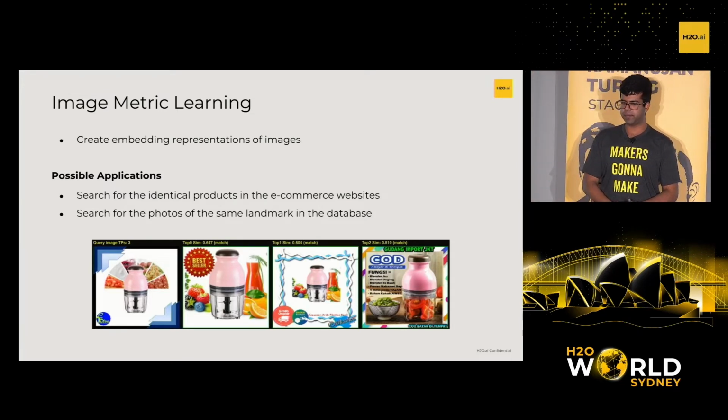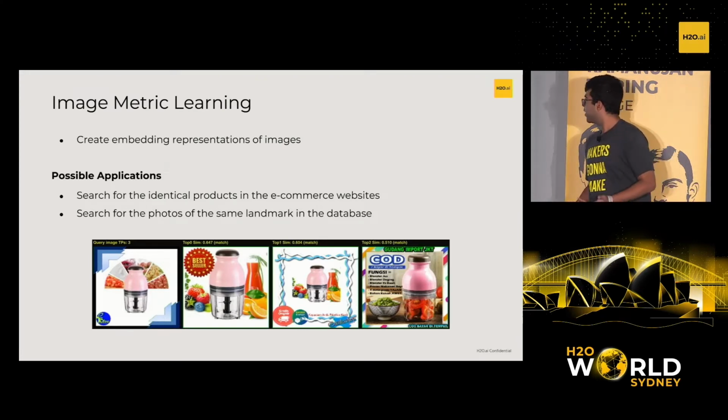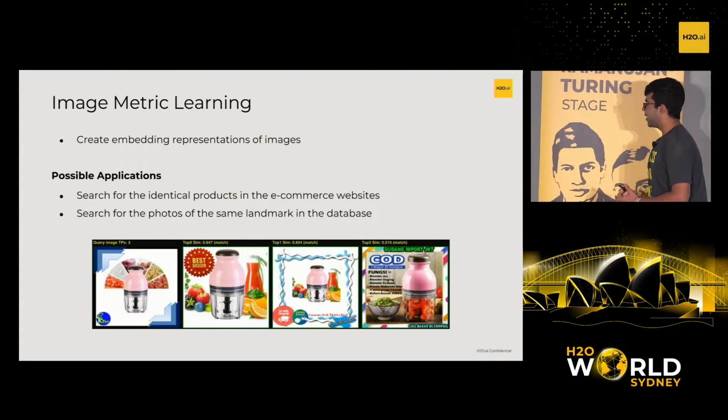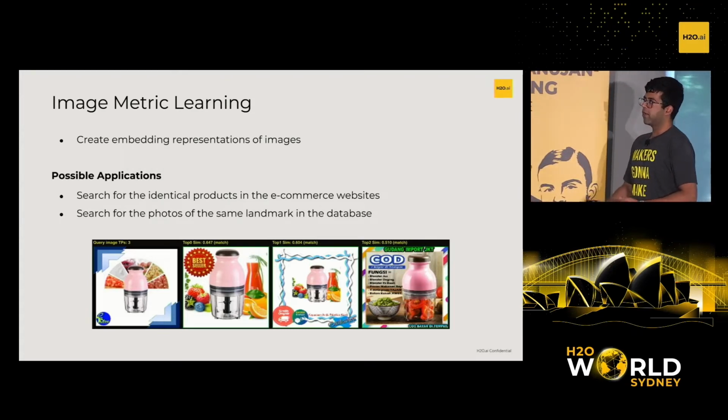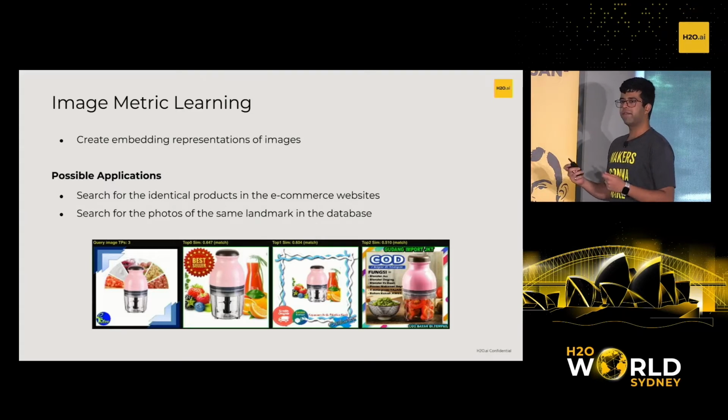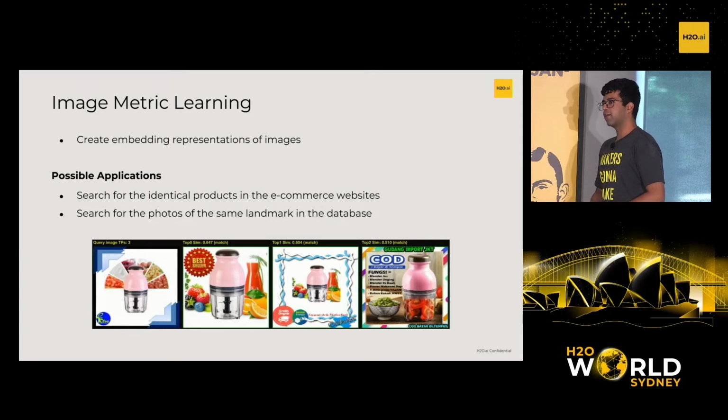You might have seen that. And you can just run through the options and also build models for metric learning or comparing products, searching for photos of the same landmark. So even on our phones, when we're roaming around and we take a picture, and if you select a certain object, it shows up in the browser, or you can find details. That is metric learning running on your phone.